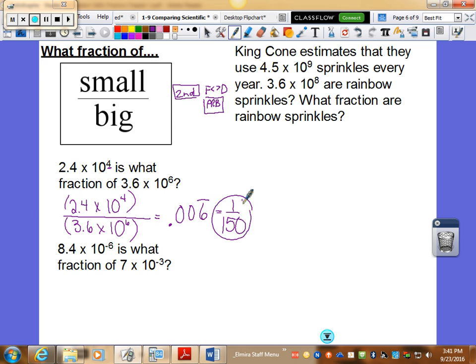All right, let's skip right to the King Cone problem so we're not lasting forever on this video. King Cone estimates that they use 4.5 times 10 to the 9th sprinkles every year. 3.6 times 10 to the 8th are rainbow sprinkles. What fraction are rainbow sprinkles? So the smaller number this time, exponent of 8, goes on top: 3.6 times 10 to the 8th. And our larger value goes on the bottom.